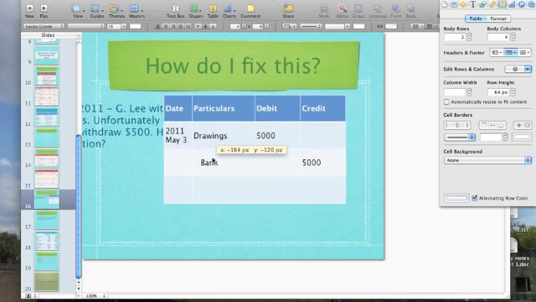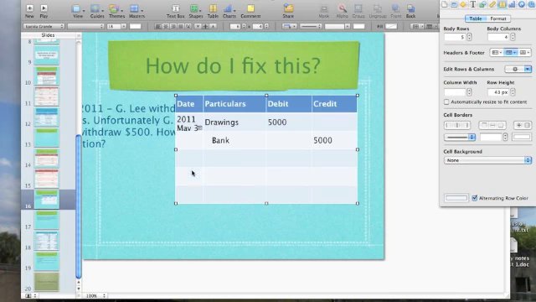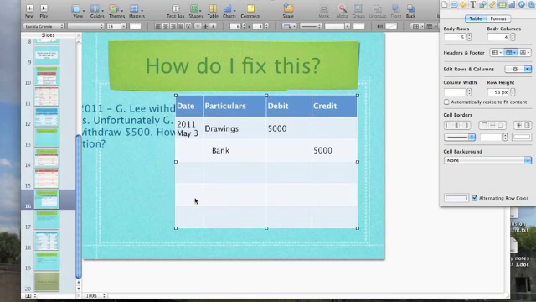Then he only wanted to withdraw $500. Sammy has to put $500 back in the bank. And let's pretend the date he put it back was the 4th. So he credited the drawings with $4,500.